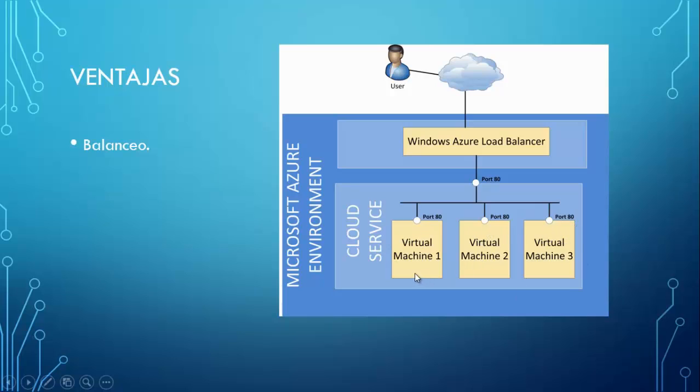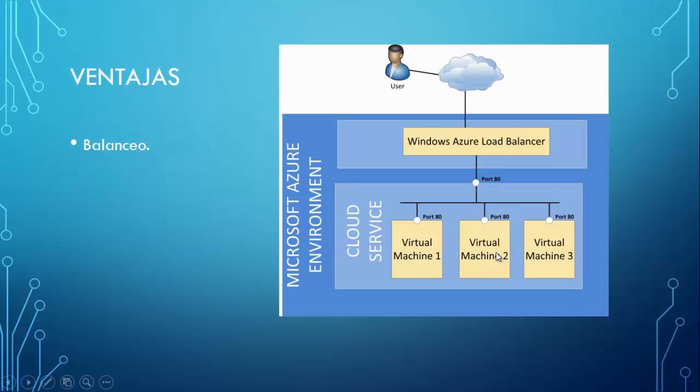This is our application, but it's replicated 3 times. Windows Azure by default creates a load balancer. So when the user makes a request, the load balancer will choose the virtual machine. For example, request 1 will go to virtual machine 1, and then 2, and then 3.